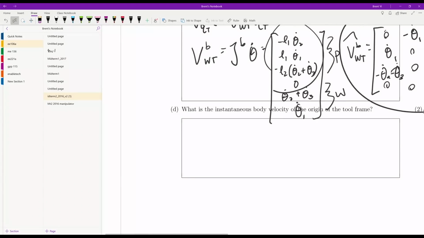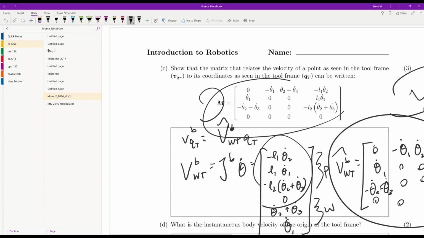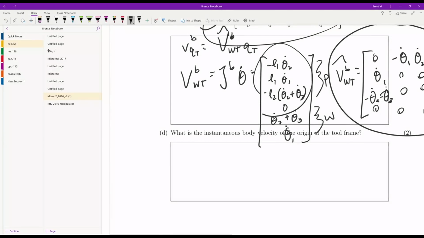And part D asks us what the instantaneous body velocity of the origin of the tool frame is. And so we just found this matrix that relates coordinates with velocities, so we can use that. So we can say that the instantaneous body velocity of the origin of the tool frame, say VBQT, is equal to this matrix M, right?